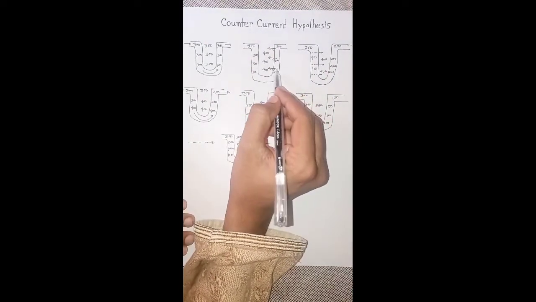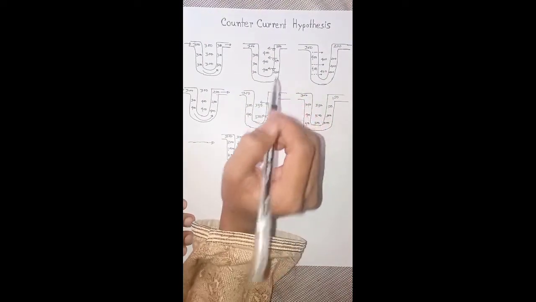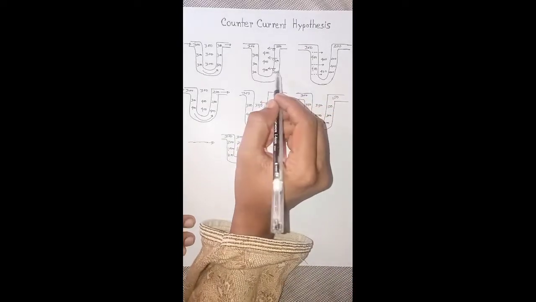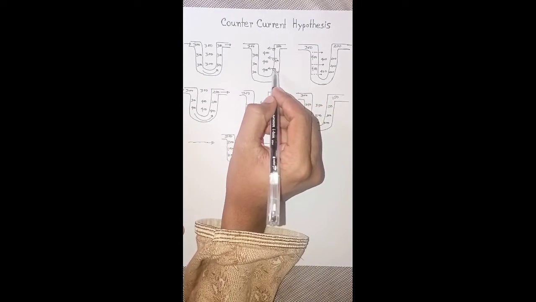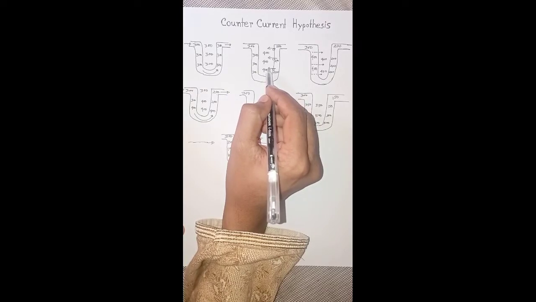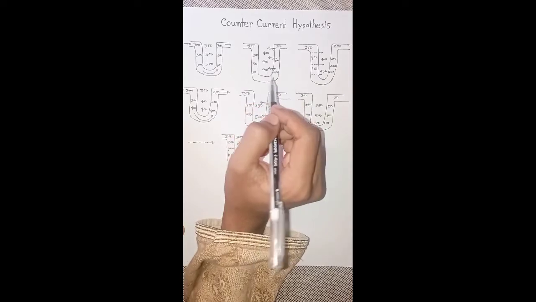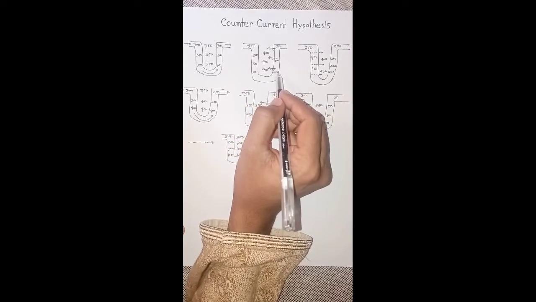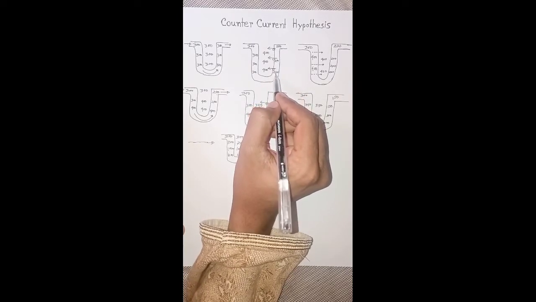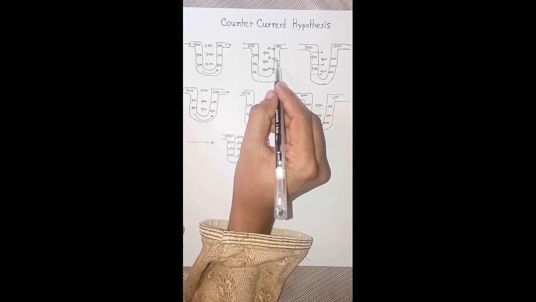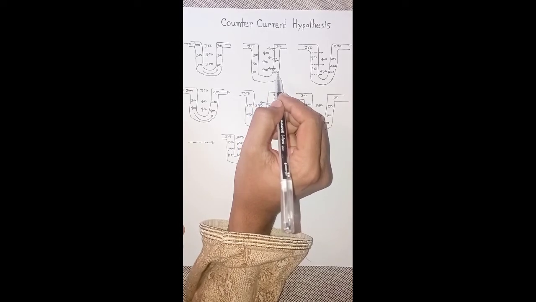So what happens when the active sodium pump occurs? Due to the active sodium pump, the sodium ions are pumped into the medullary interstitium. As a result, the osmotic concentration in the ascending loop of Henle decreases and reaches 200 milliosmol per liter.